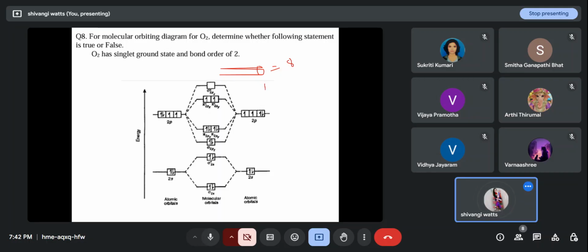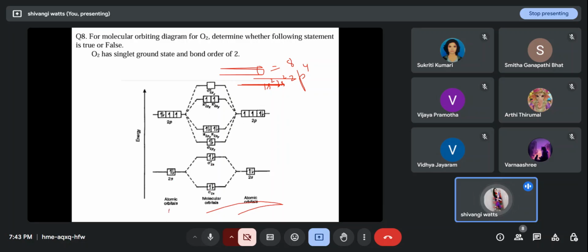So the electronic configuration is 1s2, 2s2, 2p4. So 1s will be same like this. Sigma 1s2, sigma star 1s2.